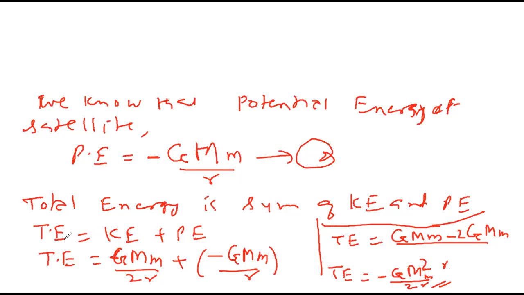Just copy till the last line. We know the potential energy of satellite, then total energy is the sum of kinetic and potential. Final is minus GMm upon 2R.